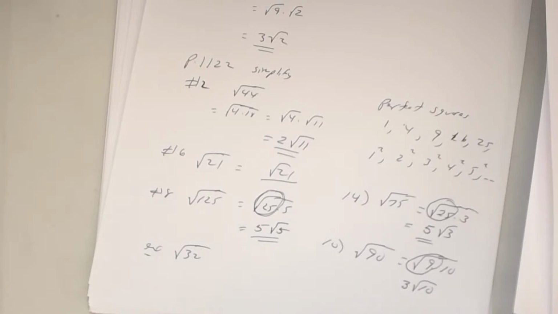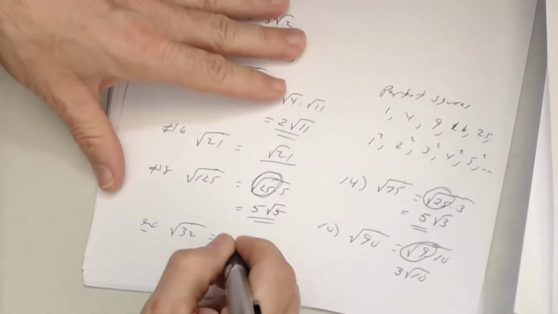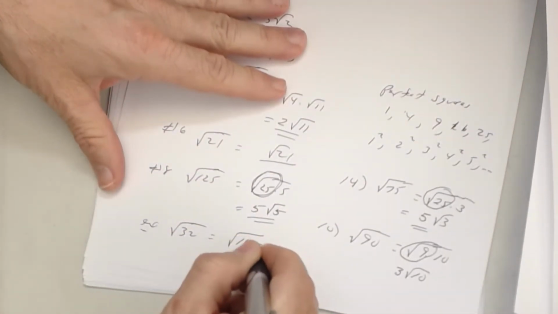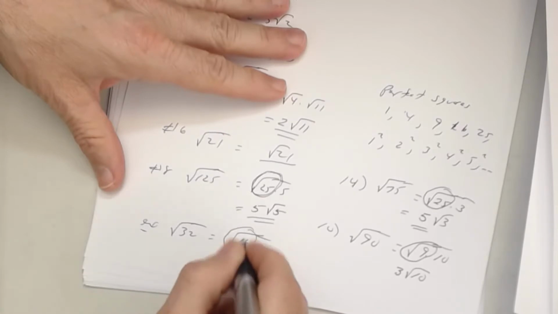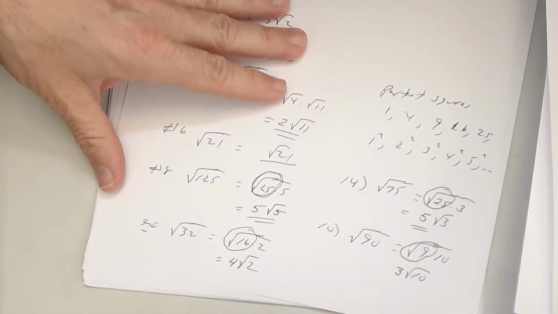It's always a good idea, though, to use the largest. 16. If you use 16, you save yourself a lot of grief. I'm going to use 16 first, and then I'm going to use the 4. Let's use 16. 16 times what's 32? 2. The square root of 16 is 4. So what's the answer? 4 square root of 2.